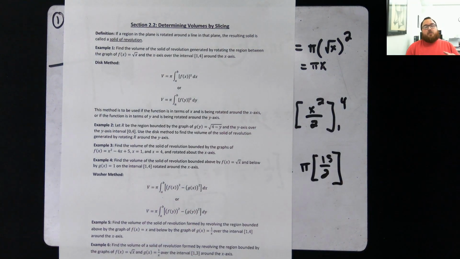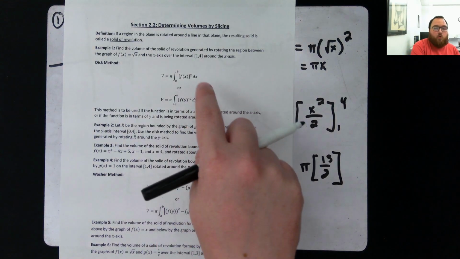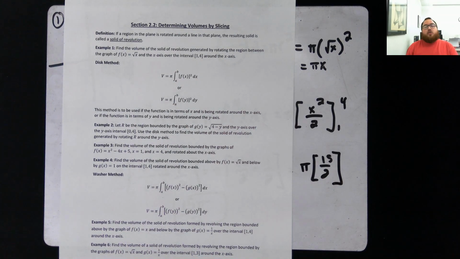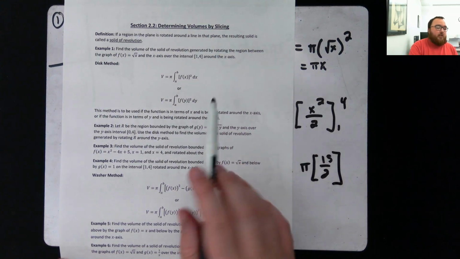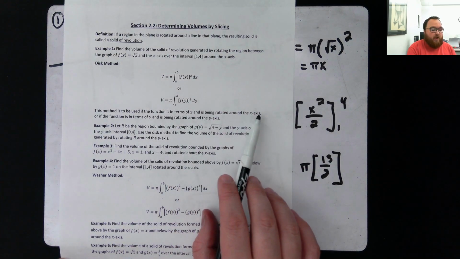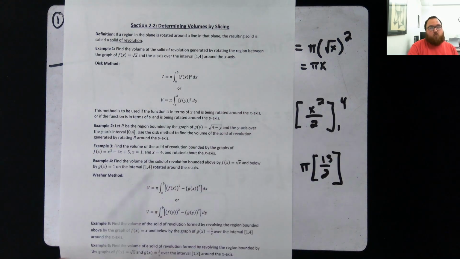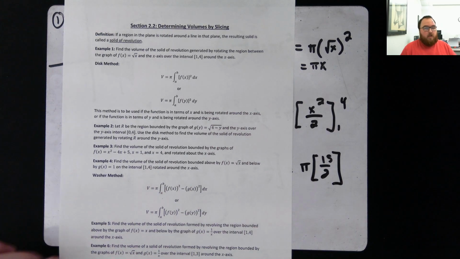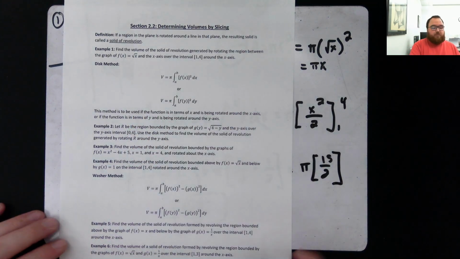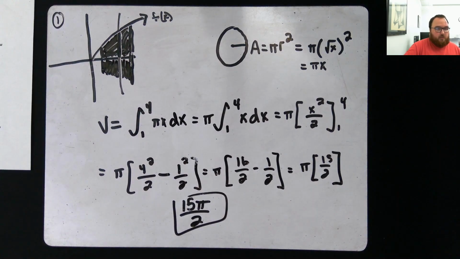If the function is in terms of x rotated around the y-axis, it doesn't work. Or if it's in terms of y rotating around the x-axis, this will not work. We'll learn in section 2.3 what I do then. But again, this is only if it's in terms of x being rotated around x or in terms of y being rotated around y. Again, it's just pi r squared. So let's do some more examples from this note sheet.